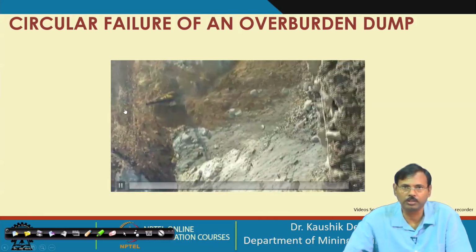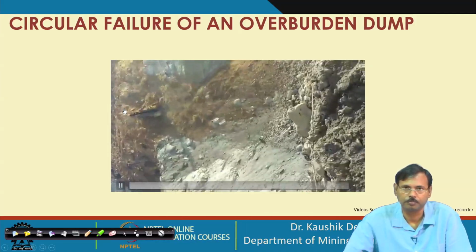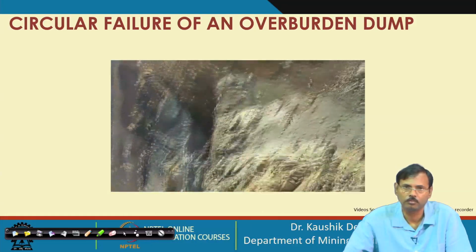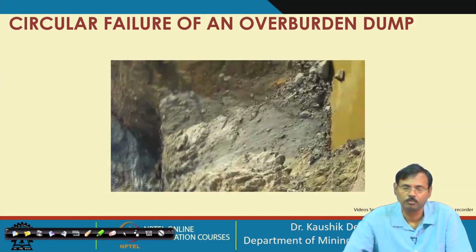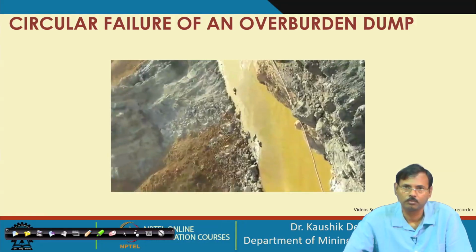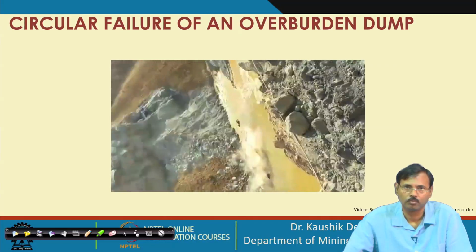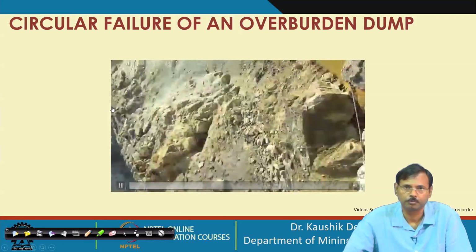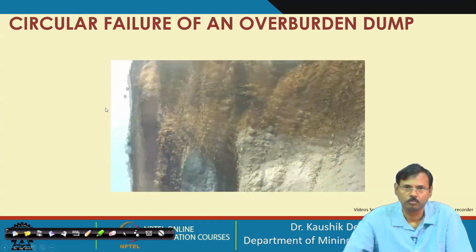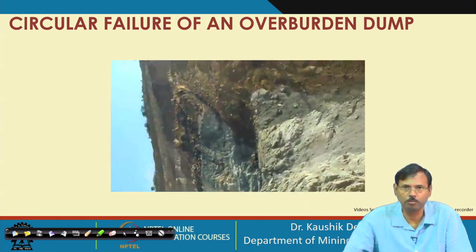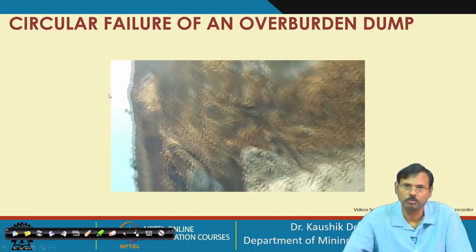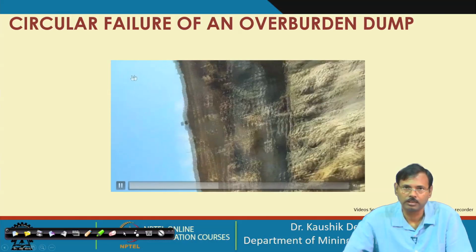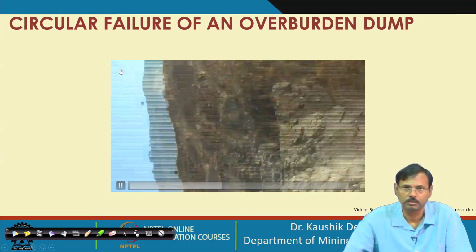From the top, all the material is coming out. So, this is a huge sliding. More than 1.5 million cubic meters of material has come out, and 3 drill machines are stuck in this circular failure.